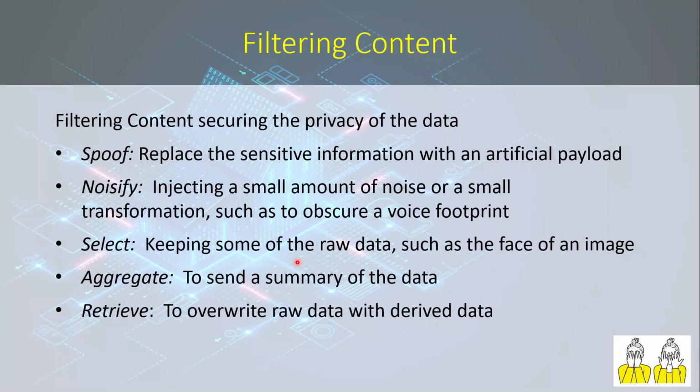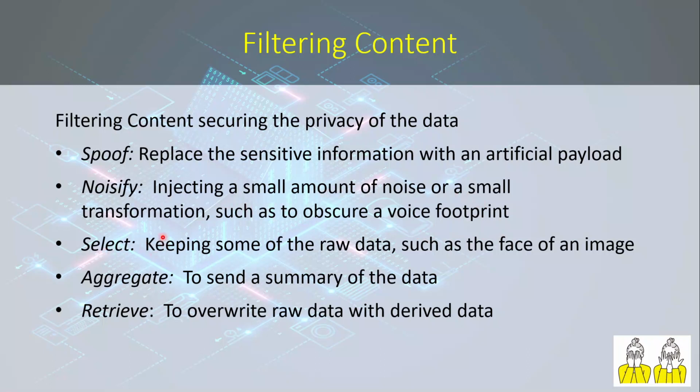In terms of filtering, the filtering category basically involves securing the privacy of the data, either through removal or through masking. For example, in terms of masking, we may want to replace sensitive information with an artificial payload. We call that spoofing. Another way of hiding it is by injecting a small amount of noise or some sort of transformation to hide the identity of the data, for example, hiding the voice footprint for speech.